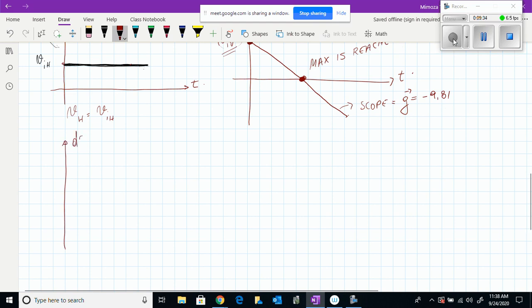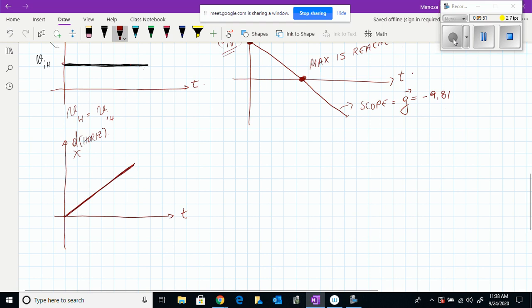So displacement in the horizontal, which for simplicity we just say x, versus time will be something like going up.